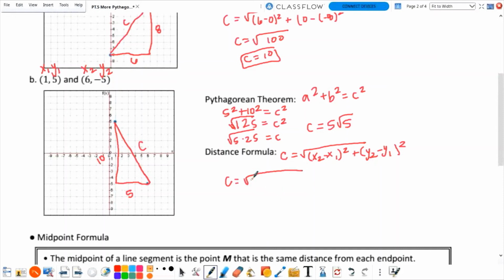Right, so we're going to have 6 minus 1 squared and negative 5 minus 5 squared. Once again, plug all of this into your calculator. We'll get the square root of 125 and do the same exact steps we had above. And we get the same answer.